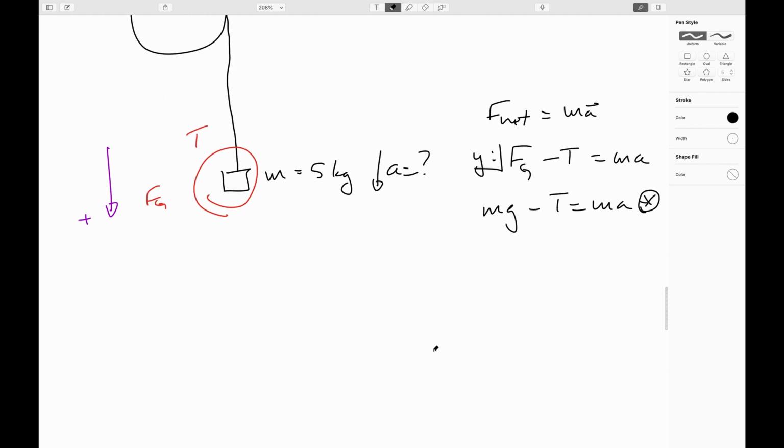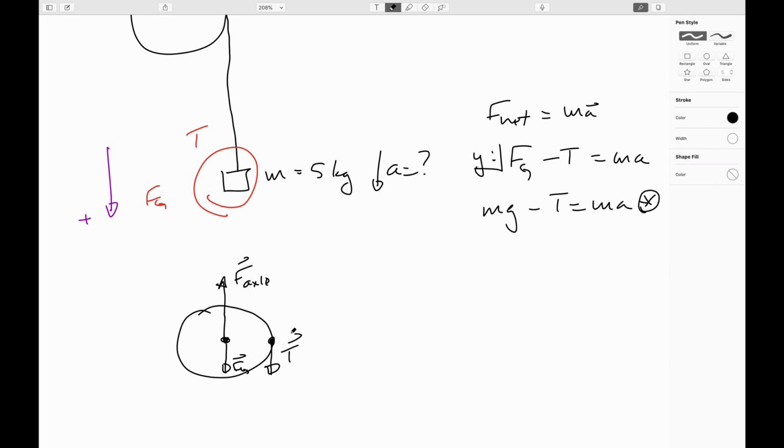So for our disk, let's draw an extended free body diagram for it. So there will be a force being applied due to the axle on the object. There will be a force of gravity acting on it. We don't know either of these, and there will also be a force due to tension on the object, and we don't know that one yet either.